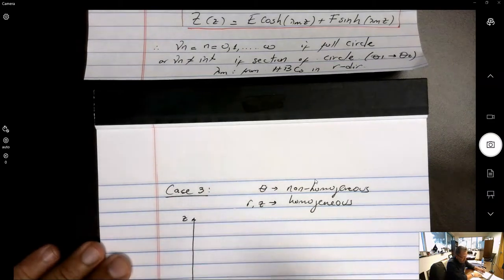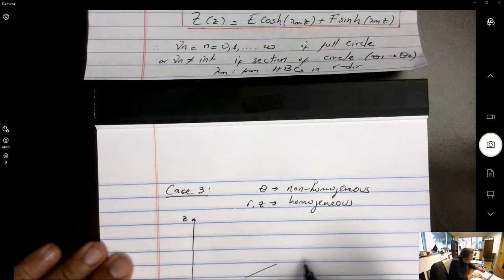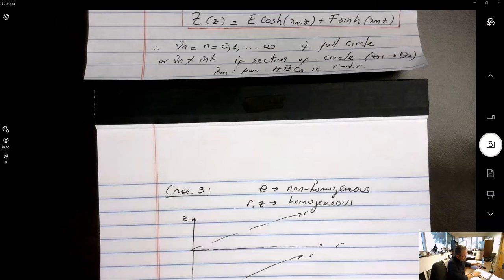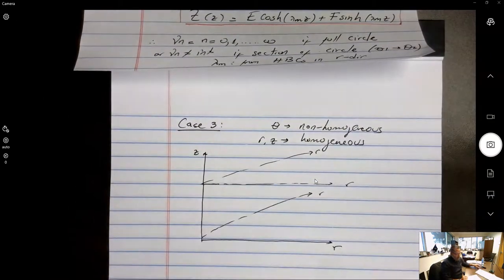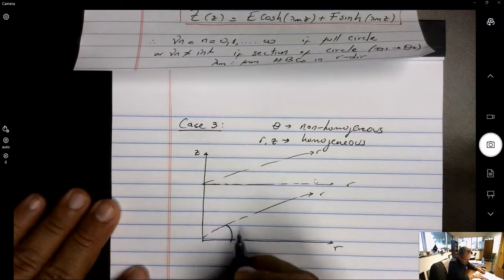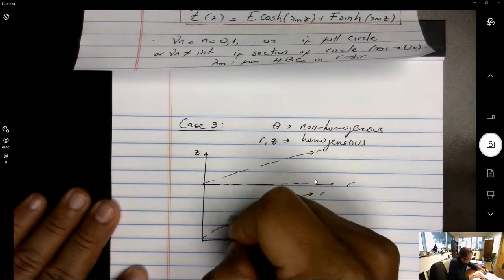let's say this is the Z-axis. Let's say that this is the R-axis, and then this is also the R-axis. I think I drew that angle a little bit too steep. That's okay. So this is the R-axis, and this is the R-axis as well. So let's say we have a wedge of a cylinder.